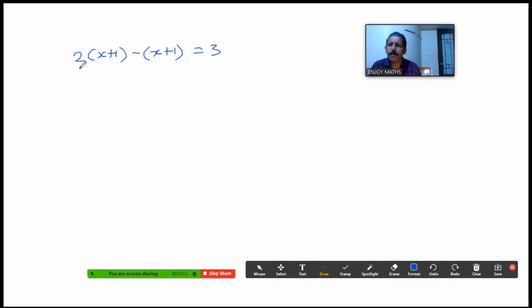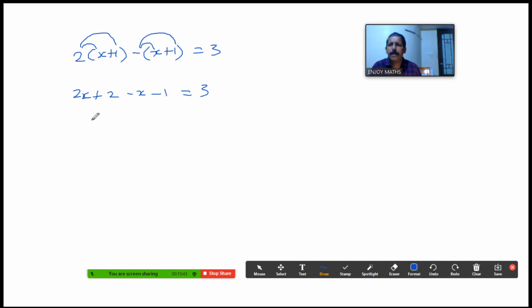So okay, no problem. Now 2 into x, so 2 into x plus 2 into 1, 2. Now by multiplication we are removing the bracket. See, the bracket is removed. Earlier the bracket was there, now the bracket is not there. Then minus into x is what? Minus x. Then minus into 1 is what? Minus 1. So you have to be very careful.